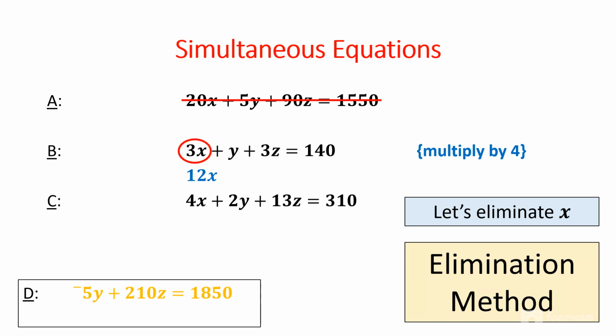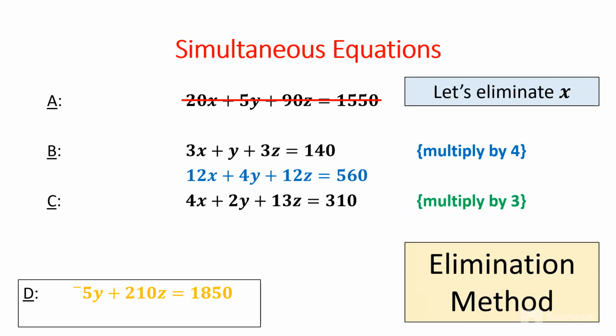So 3x times 4, y times 4, 3z times 4, and 140 times 4. Now let's move to equation C and multiply everything in equation C by 3. Why 3? Because that's the coefficient of x in our other equation. So 4x times 3, 2y times 3, 13z times 3, and 310 times 3.